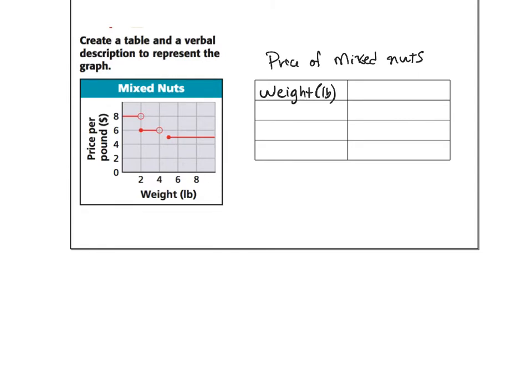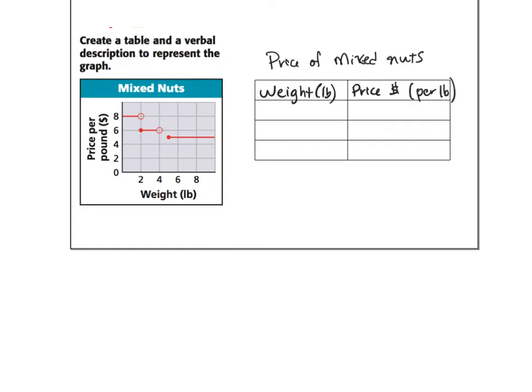And then on the right hand side I'm going to put price, and it's per pound, so I'm going to put dollars, and that's per pound. All right, so I have my table labeled and set up.